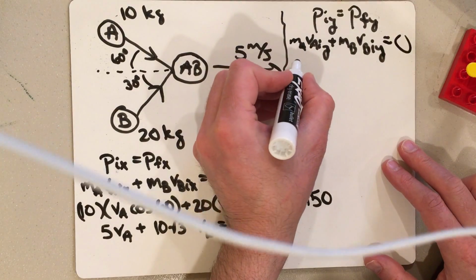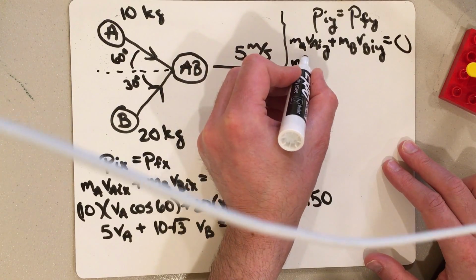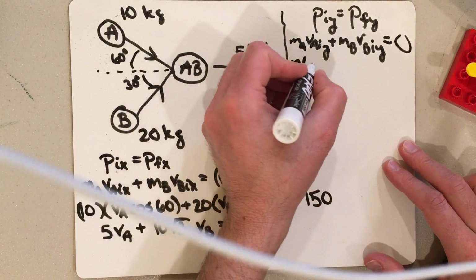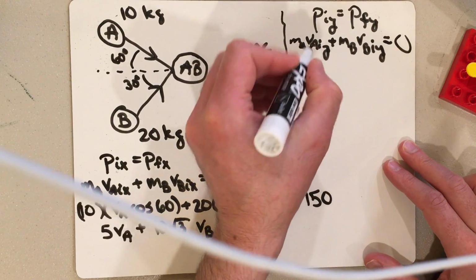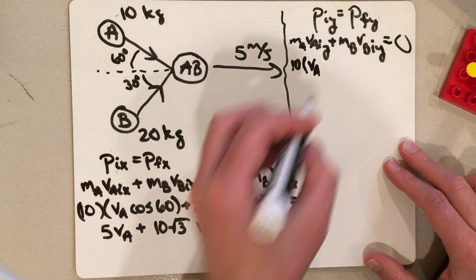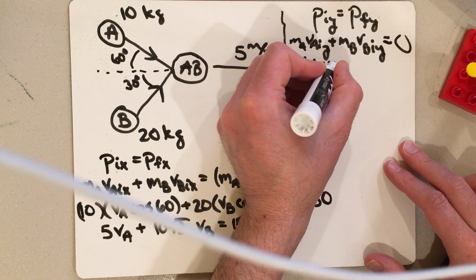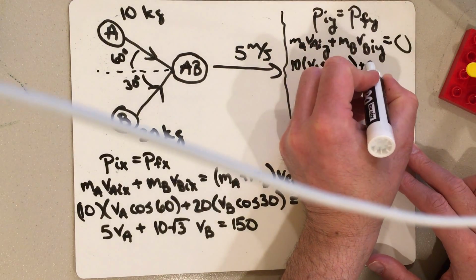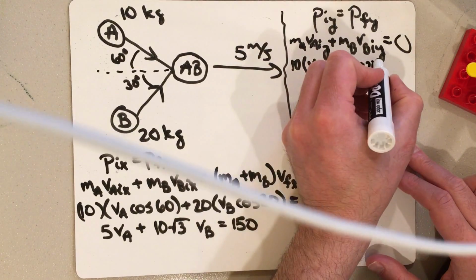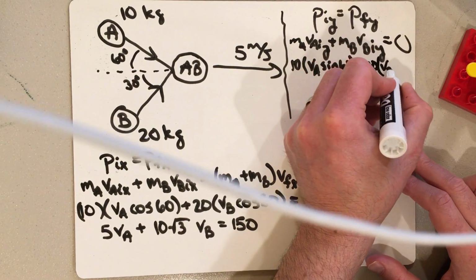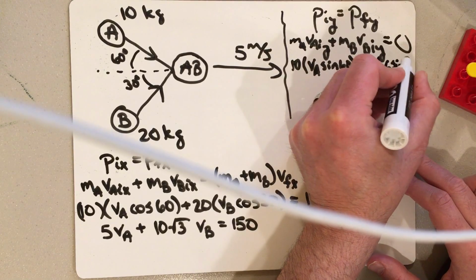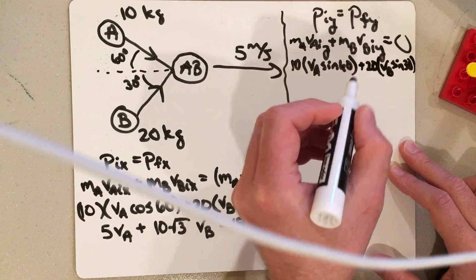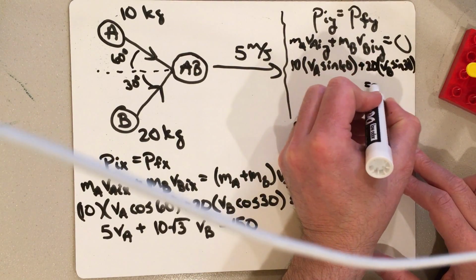So put in what we know. This is going to be 10 times VA, and this time I want the y component, so that's the sine of 60, plus 20 times VB sine of 30, and that all has to equal 0.